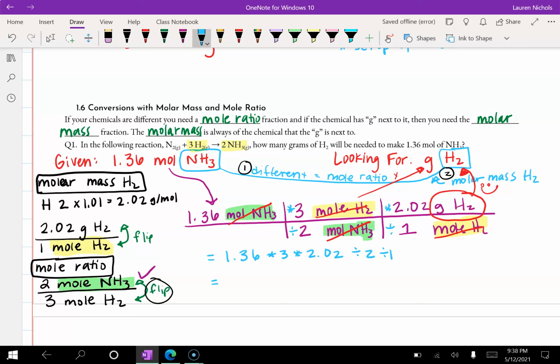So we start with our given, 1.36, and then multiply by 3, multiply by 2.02, divide by 2, divide by 1, and that gives us 4.12, and my only units left are grams of hydrogen. And that is our final answer.